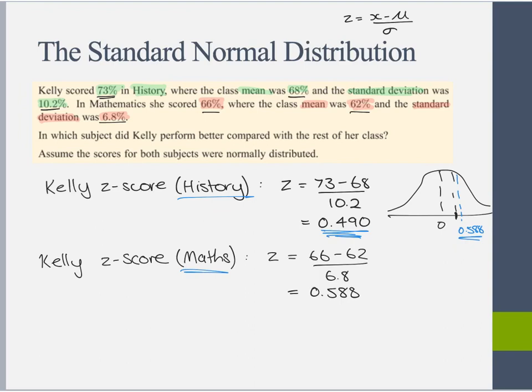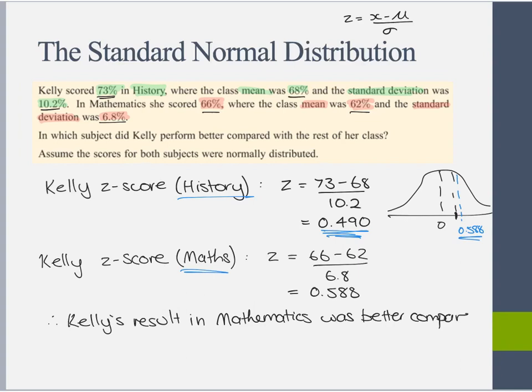So we can then finish off this question by saying, therefore, Kelly's result in mathematics was better compared to her class, even though her percentage was lower.